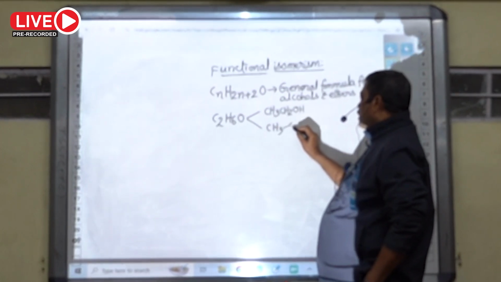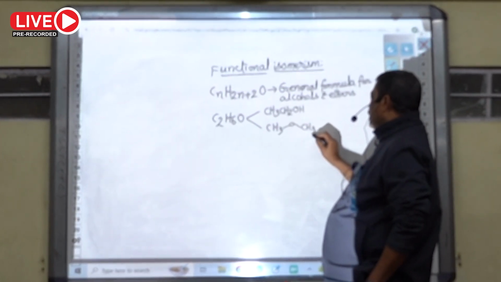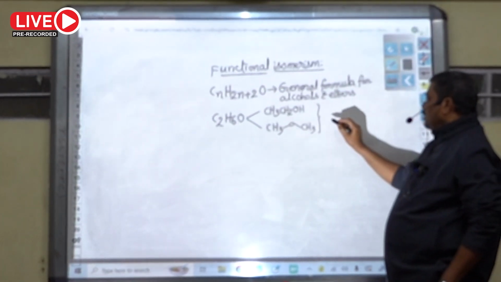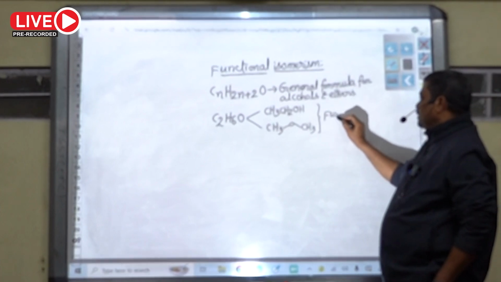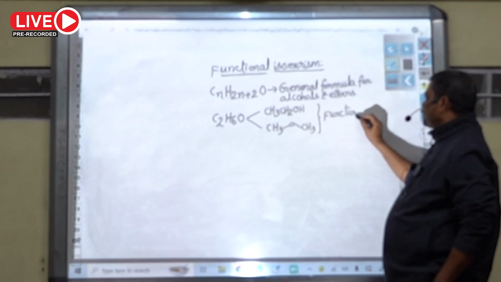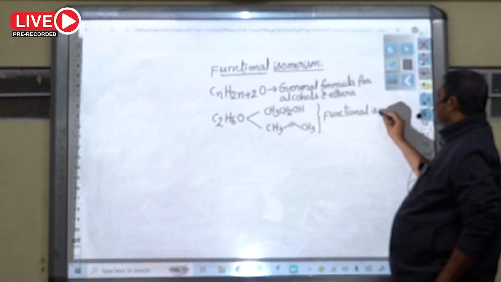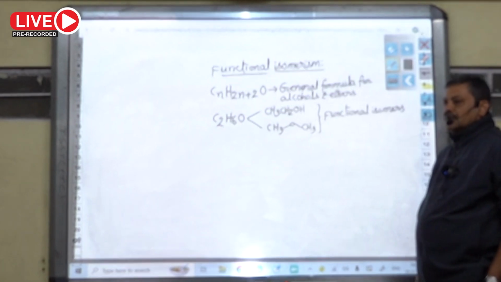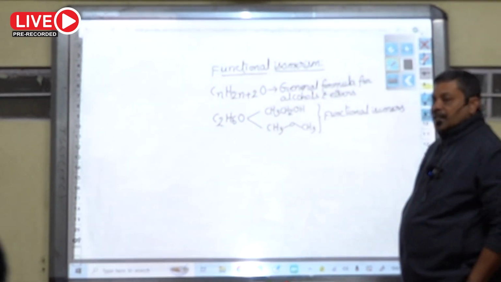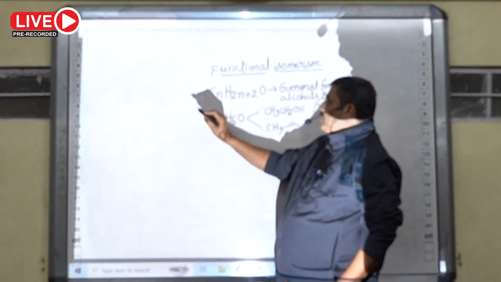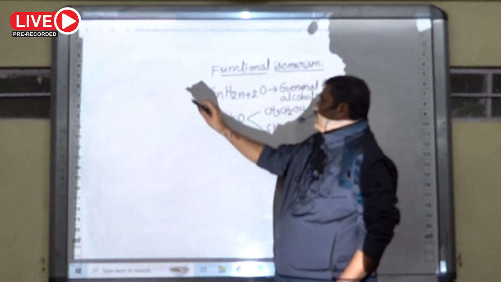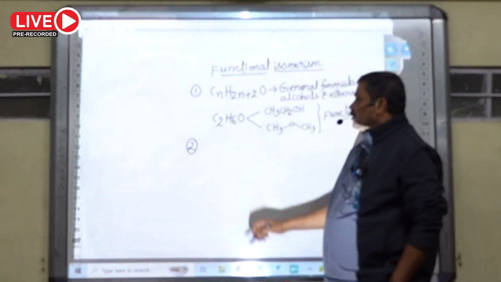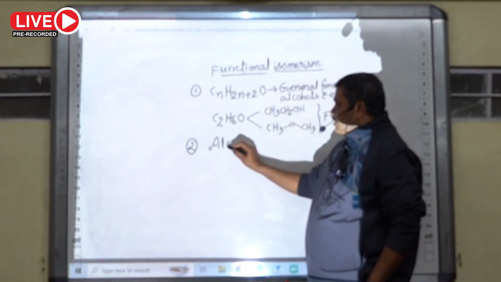Ethyl alcohol and dimethyl ether. These two are functional isomers. So this is the first example for functional isomerism. Second example, aldehydes and ketones.